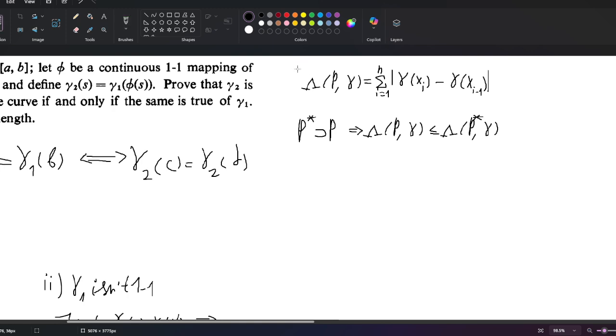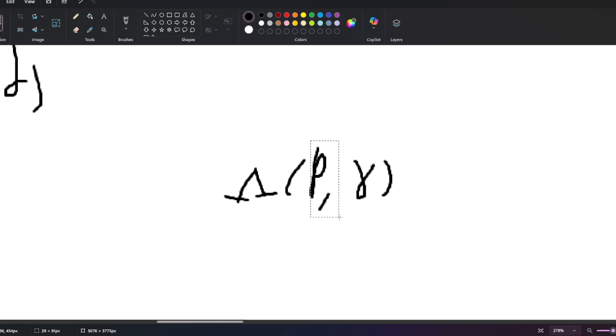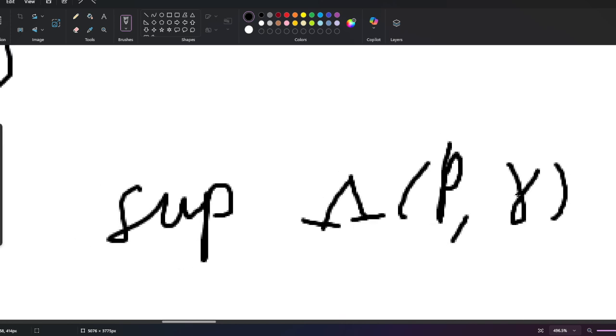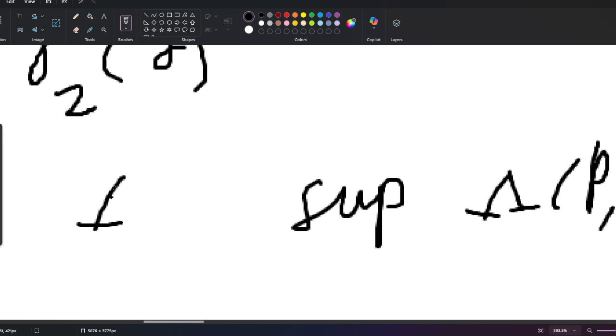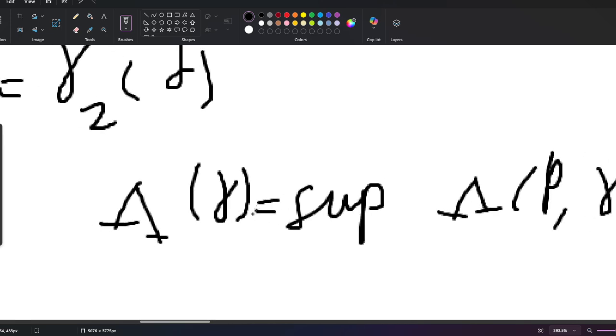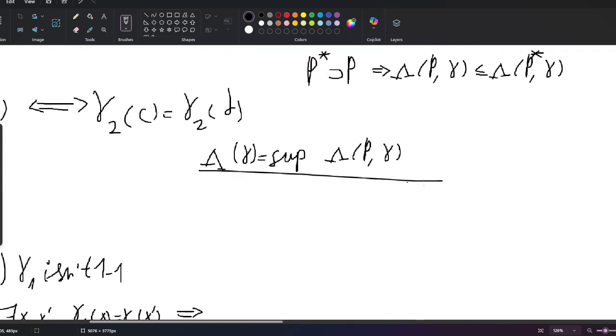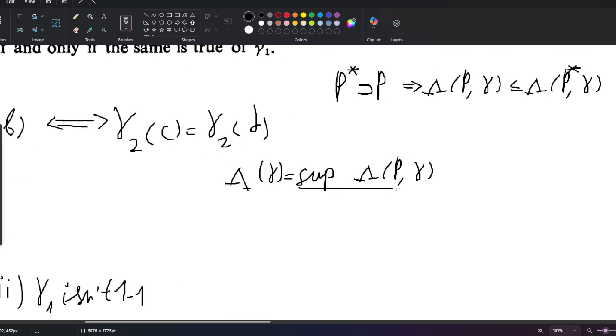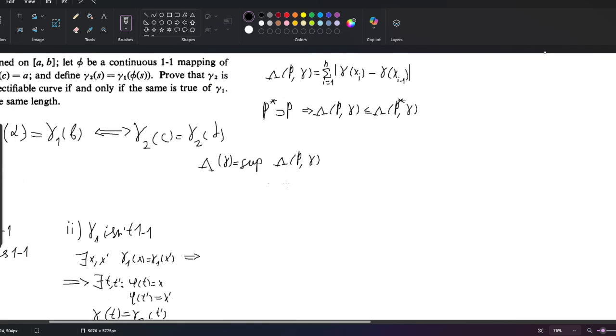Now if we look into the definition of length per se, this is just going to be the supremum. So the length is going to be the supremum of this, and it's denoted in a similar way, but without the partition argument. It's just the curve. So suppose that gamma 1 is not rectifiable. In other words, this supremum diverges.